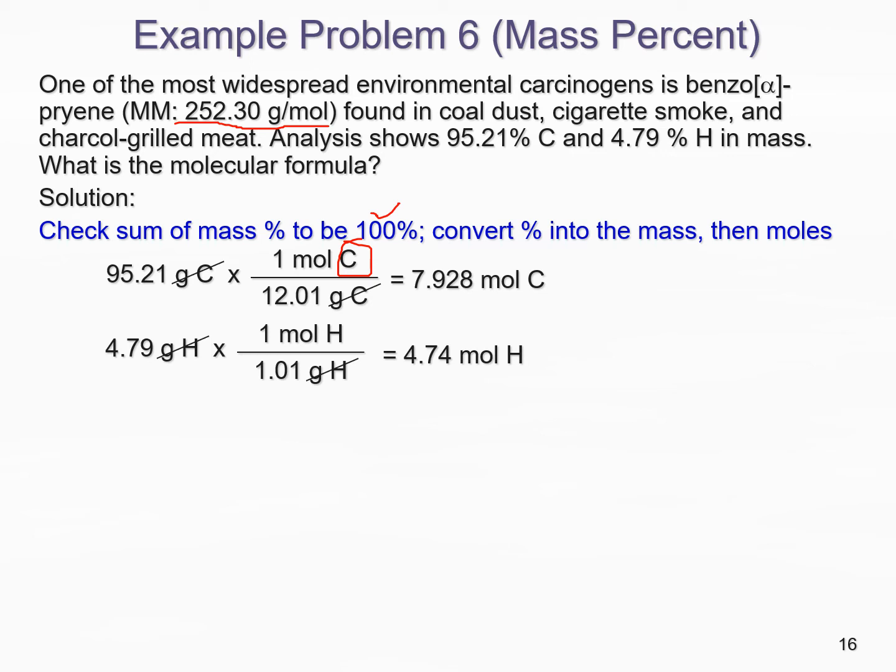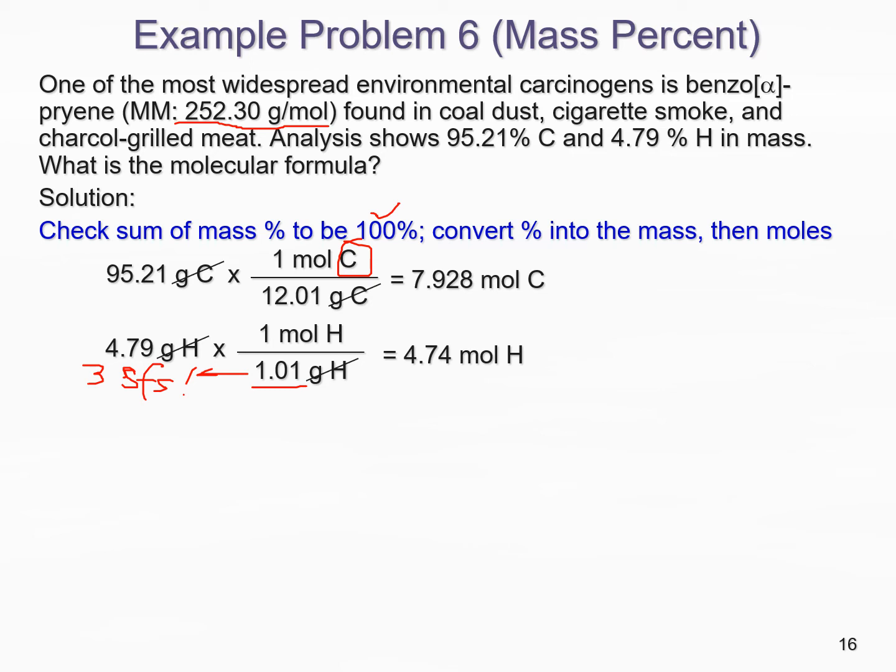I'd like to point out here, for the calculation, keep at least 3 sig figs. It's very important, because if you keep 2 sig figs, you might wind up with a totally wrong formula. That's going to cost you a lot of credit, even though you carry out the rest of the calculation right.